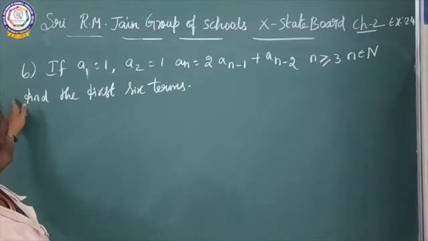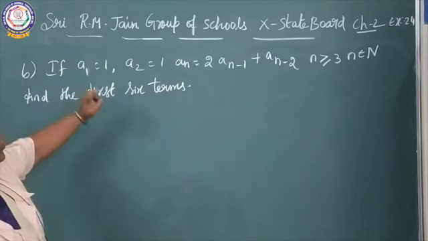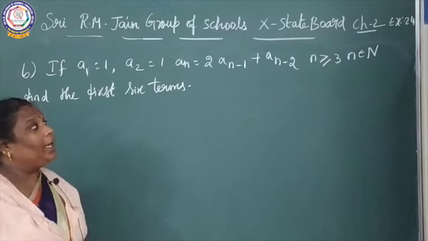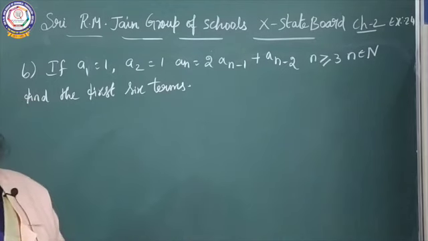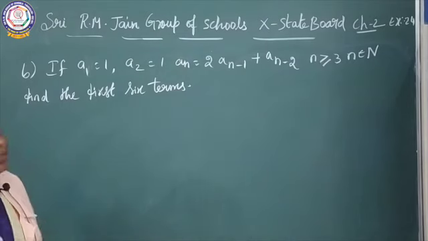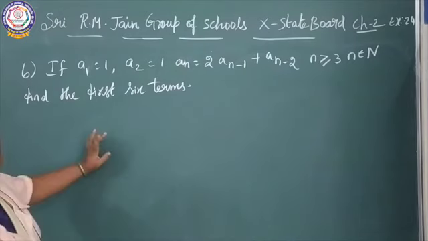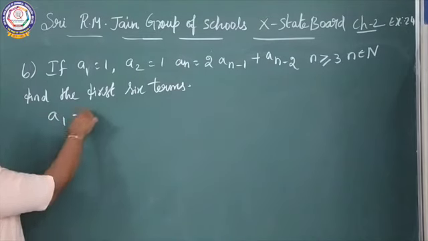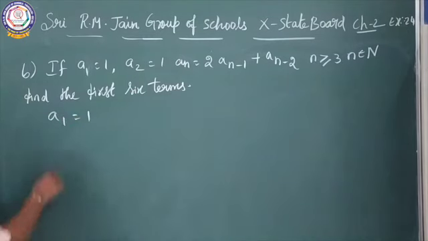See the sixth sum. If A1 equal to 1, A2 equal to 1, An equal to 2an minus 1 plus an minus 2, n greater than or equal to 3, n belongs to natural number. Find the first 6 terms. See here, A1 equal to 1, A2 equal to 1, n is greater than or equal to 3.